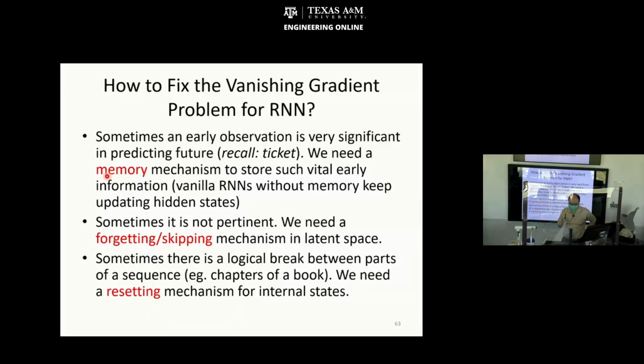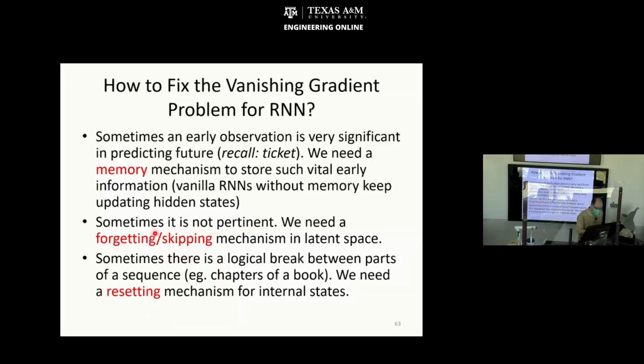But we all know that one important function of our brain is to memorize, but another important function is that it can forget. It's actually a very important mechanism, and it helps long-term cognitive well-being.